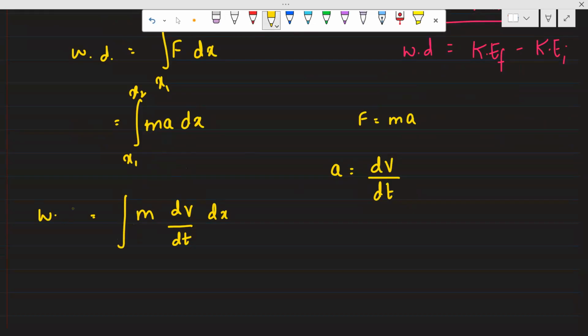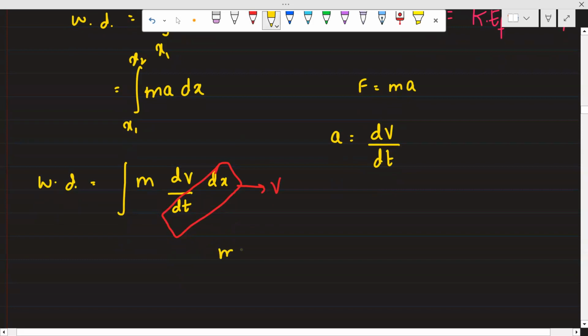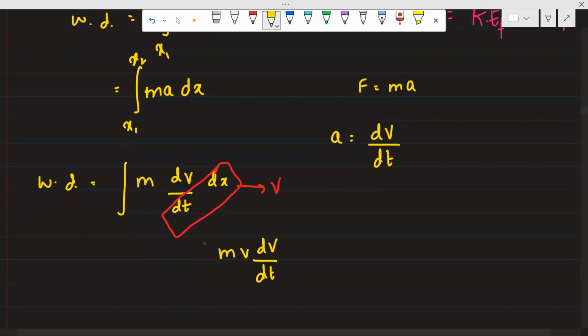This is the work. Class, what is this? Can anyone answer? Velocity. Very good. This is velocity. So look, this will be mv dv over dt.